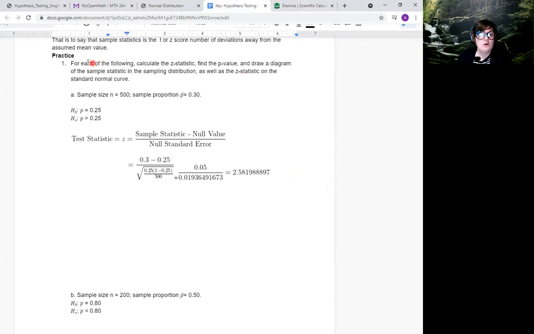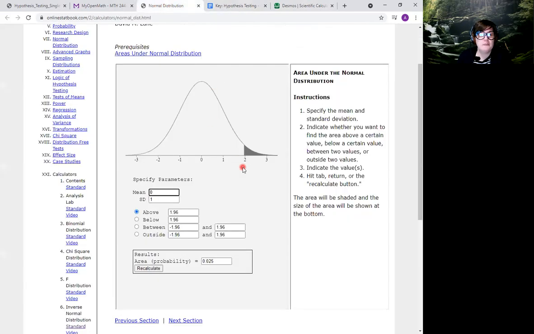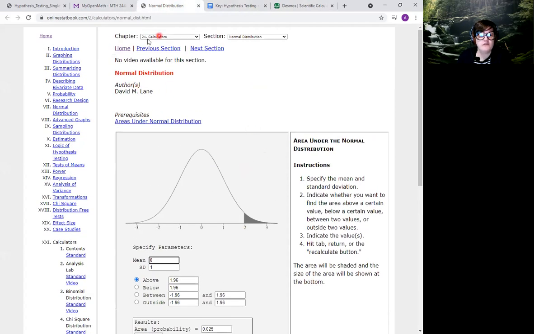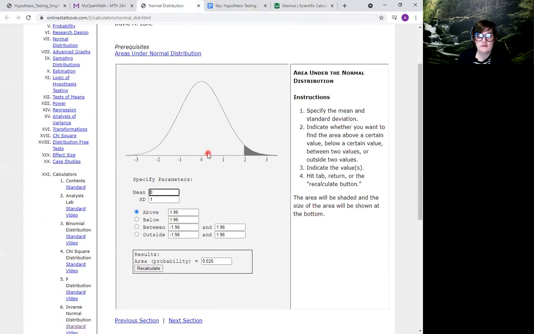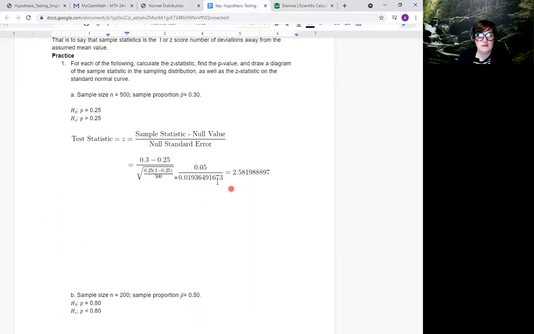All right. So what we want to do, it says find the p-value. So let's go ahead and find the p-value. I actually need to stick that Z statistic in the standard normal curve. So this is from your useful calculators. This is just the normal distribution. So it's centered at 0 and has a standard deviation of 1. Now, the reason why this number is normalized is, think about it.